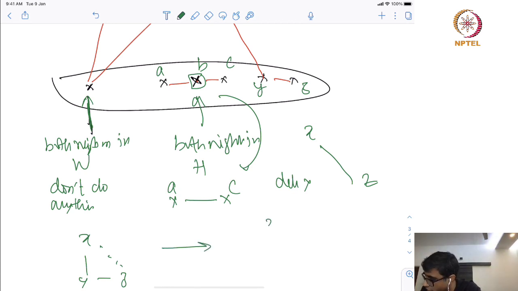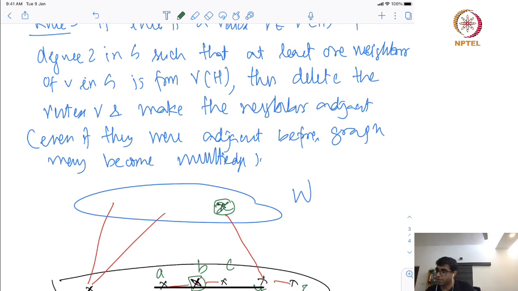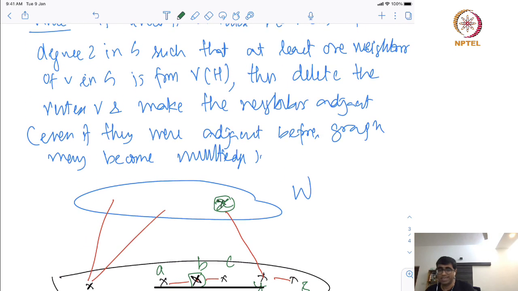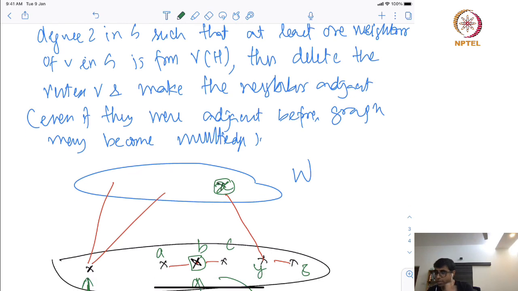But then your reduction rule would still do the same, even if there is an edge between X and Z. So this is what it says: if you have a degree 2 vertex in graph G such that at least one neighbor is in H, then we apply this short circuit operation: delete this degree 2 vertex and add an edge between both of its neighbors, even if there was an edge before, you make it a multi edge. Okay. So this is what you do for degree 1, degree 2.